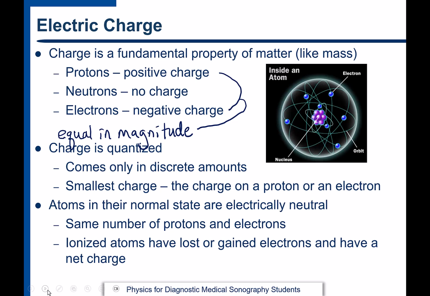However, if an atom gets ionized, which can mean either it gains or loses electrons, then it will have a net charge. Remember the X-ray example we talked about, that X-rays and gamma rays can ionize atoms, meaning they can knock electrons out. But atoms can also gain extra electrons. We also call those ions.